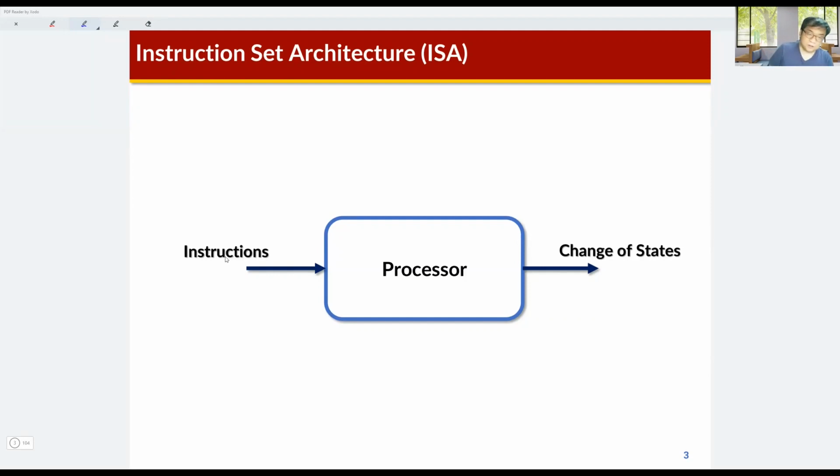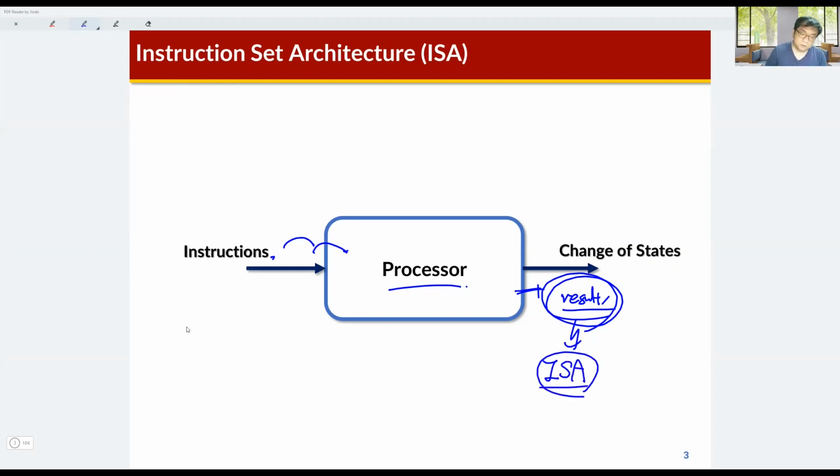This is the instruction given to the computer processor, and this is just a black box. A certain instruction is given to the processor, then the processor generates the result, and these results are defined by the instruction set architecture.